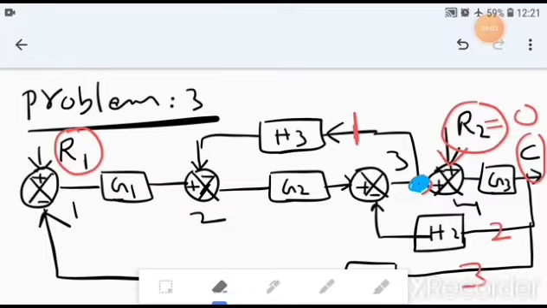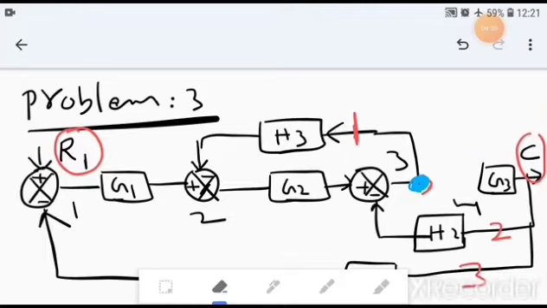So I'll erase this. R2 is 0, and this is how we have it. Now what we do is shift this takeoff point beyond G3. As you know, we have a rule that whenever we shift the takeoff point beyond the block G3, we have to add a new block in series with H3, that is 1 by G3.